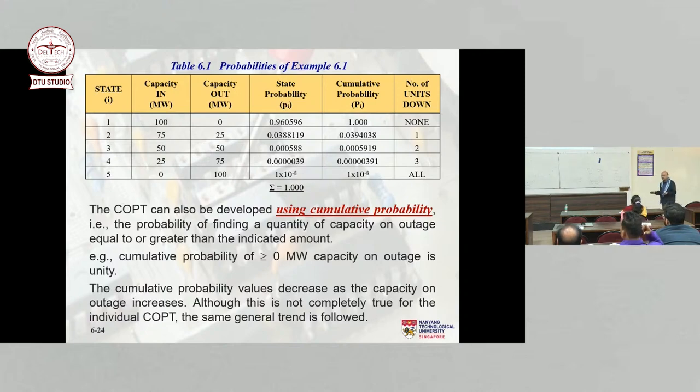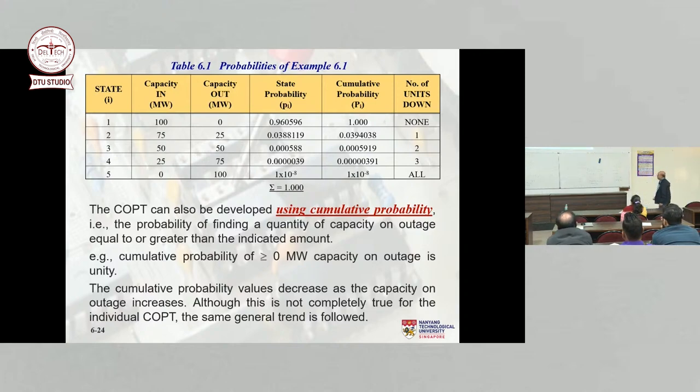If I want to know the cumulative probability of 25 megawatt or more out of service, then all I need to look at is this particular row here, 0.039, instead of saying, oh, probability of 25 out is this, 50 out is this, 75 out is this, therefore I must add these four numbers. But I've already done that here. So it's kind of useful, the cumulative probability of X megawatt or more out of service.